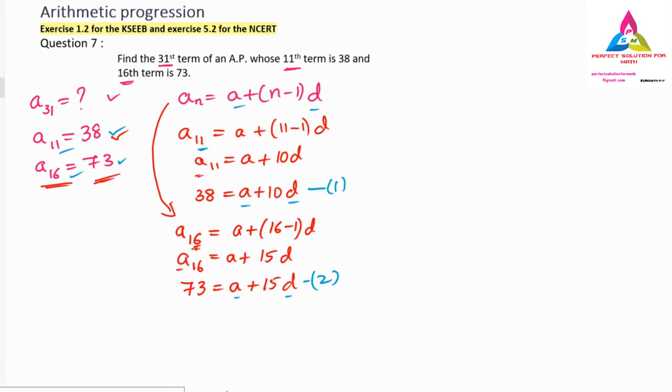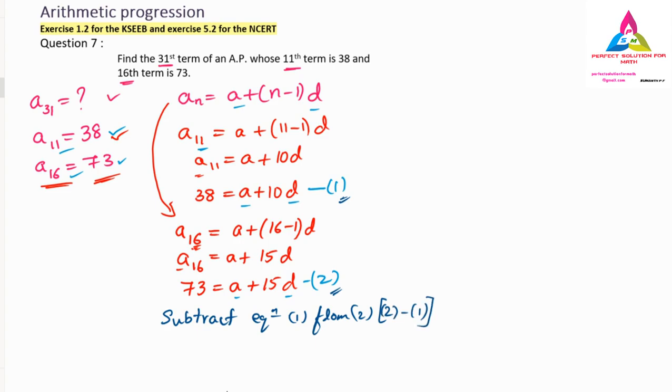Now what is the next step? Because the first equation and second equation we got, what about the next step? Nothing we have to do. The first equation we have to subtract from the second equation. So that is subtract equation 1 from 2, or we can write down directly equation 2 minus equation 1.